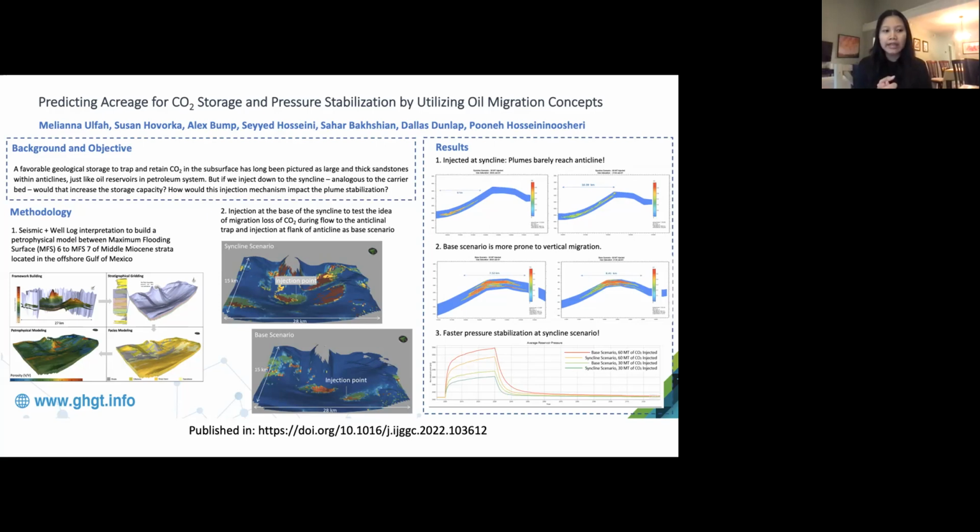But with a homogeneous reservoir, the only good thing is that the plume area, that is the CO2 distribution, will not be as big as if we're injecting the CO2 at the carrier bed. But in the carrier bed, as you can see, even though the plume size is bigger, the stabilization is faster, so it's safer.